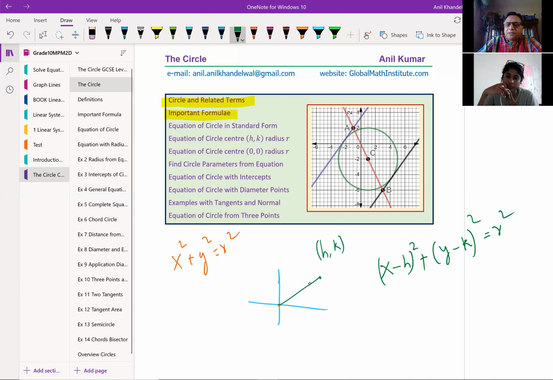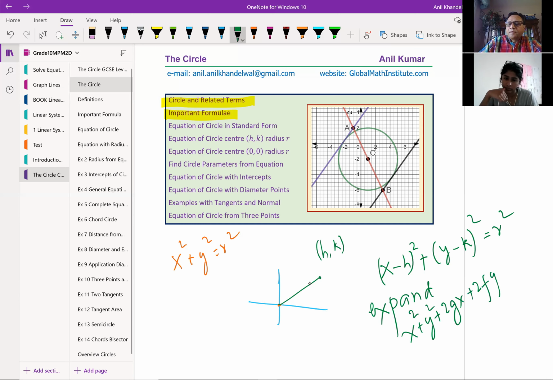The third form is to expand this. When you expand this, you get another form, which is written like this: x squared plus y squared plus 2gx plus 2fy plus some constant c equals 0. Clearly, when you expand a minus b whole squared, you get 2ab and minus 2ab terms, correct?